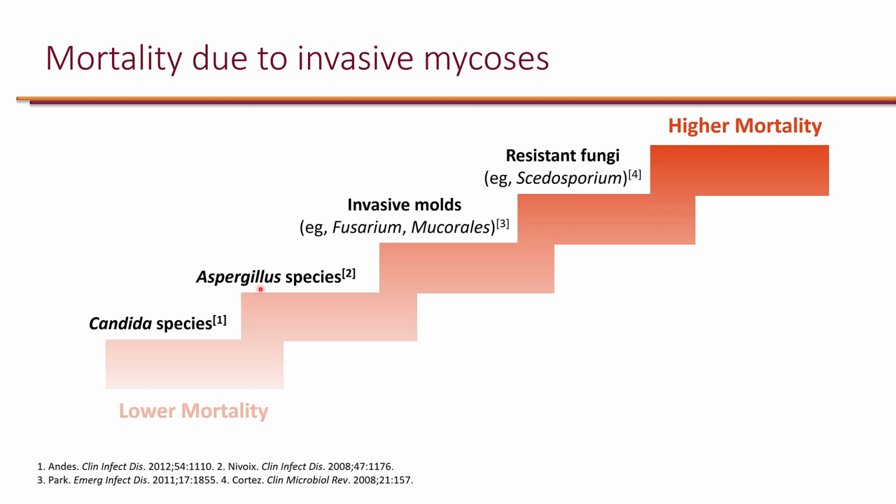So, for most patients with intact immune system, these infections just do not occur. So these are mostly opportunistic. Mucorales, fusarium, these are invasive molds. And especially when it's resistant, not only is the patient immunocompromised, but also antifungals may not be active. So that's why the rate of mortality goes off the roof.